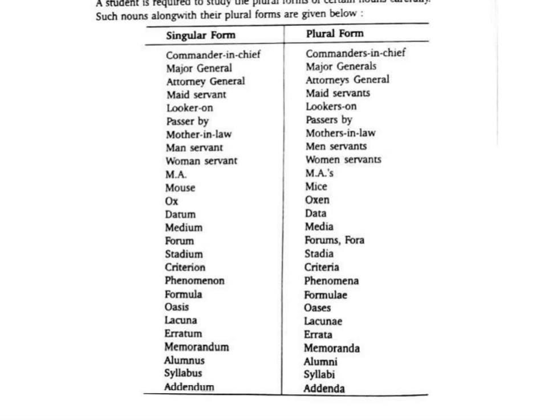Manservant, maidservant, maidservants, woman servant. We use maidservant. Mouse, mice; ox, oxen. Datum, data; medium, media. Forum is a singular form, forums or fora, you can use any of them.